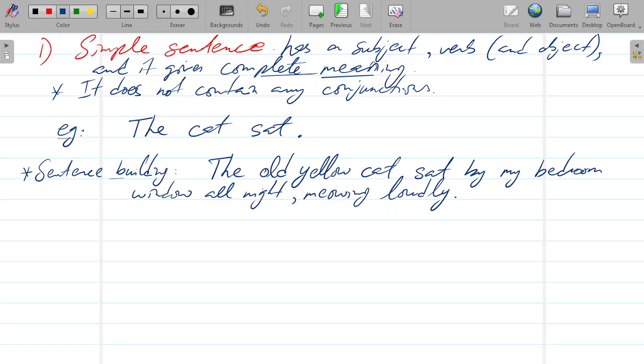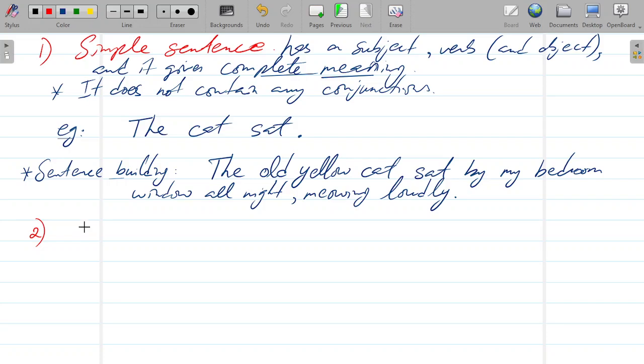It has adjectives and modifiers and adverbs. It's got two verbs, so the sitting and the meowing, right? So it's got other parts of speech. It's got other grammatical characteristics, but it's still a simple sentence. Any questions? No. No.